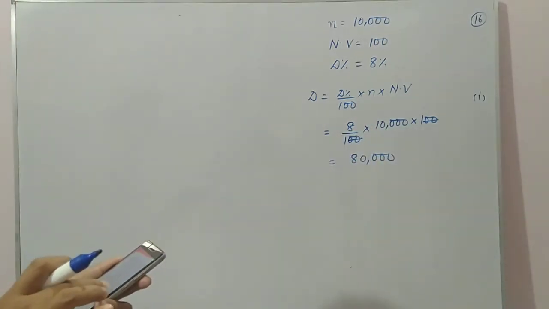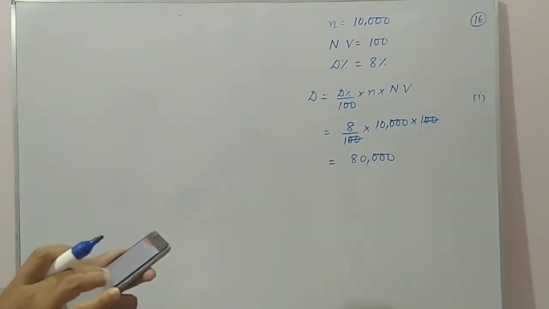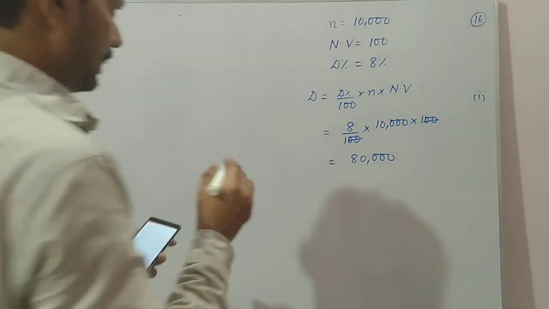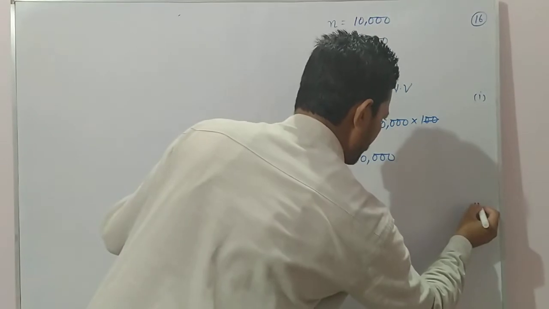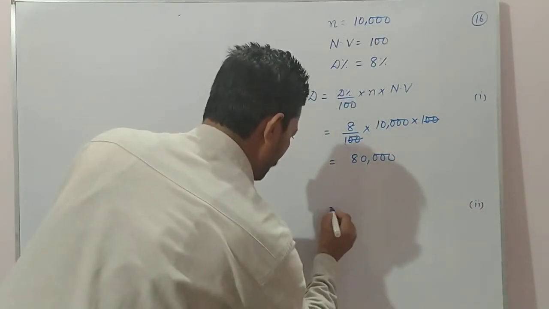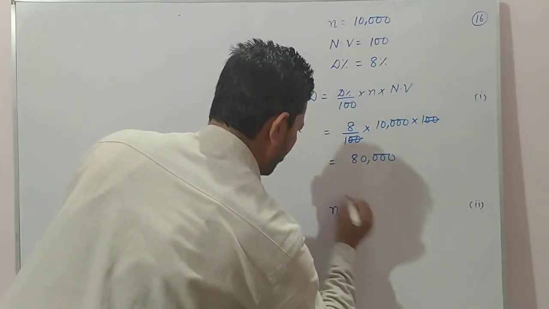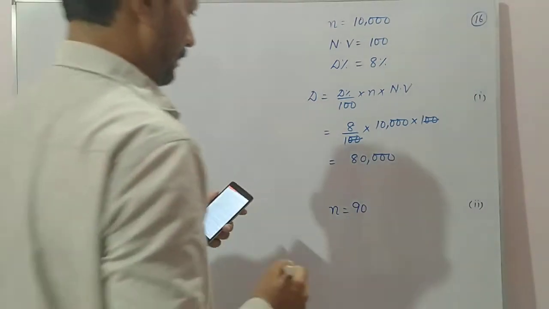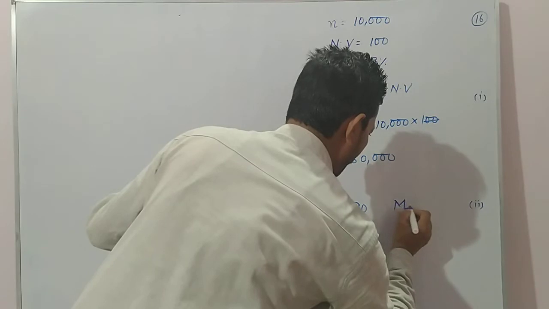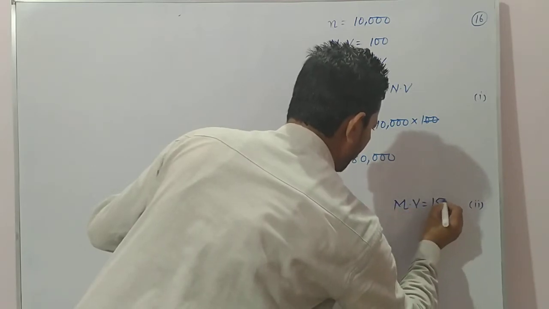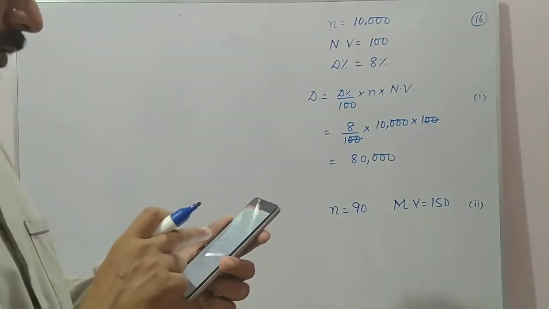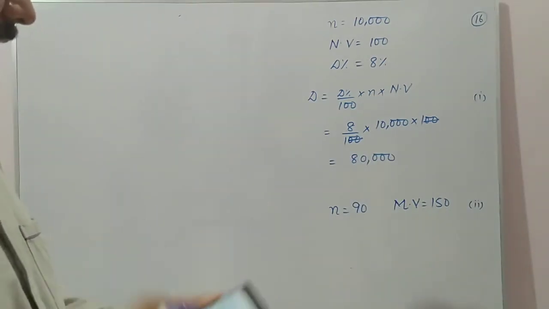Next, Ramesh bought 90 shares of the company at rupees 150. Now in the second case, the number of shares bought by Ramesh is 90, at rupees 150. The market value for Ramesh is 150. Now calculate the dividend he received and the percentage return.